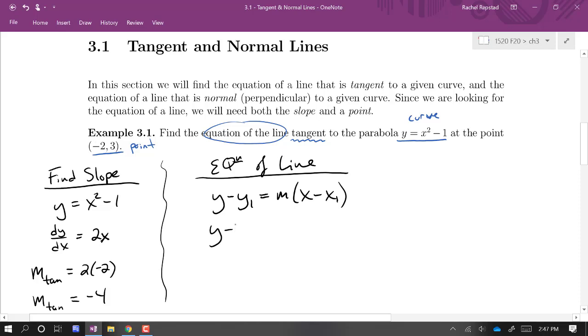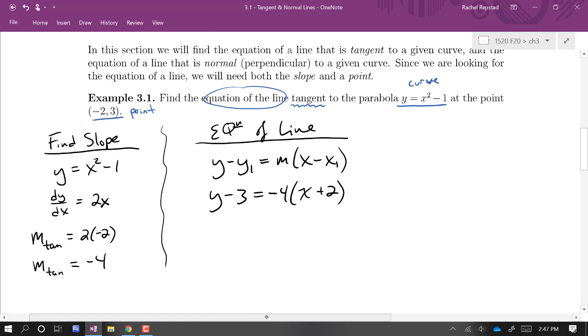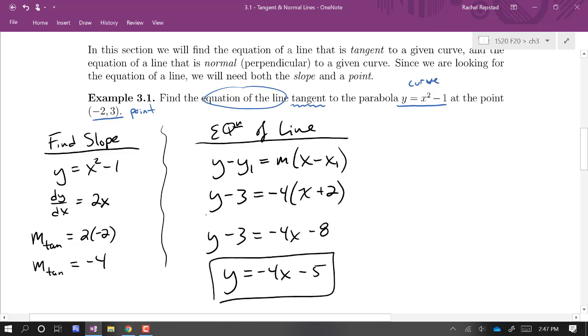So here we have y minus 3 equals, our slope m is negative 4, times x minus a negative 2, well, that's x plus 2. Now, they don't tell us to write it in slope-intercept form or general form, so you could leave it either way. You could leave it in this point-slope form, or a lot of people like to get it in slope-intercept form. So I'm going to distribute the negative 4 and then add 3 to both sides, so we get y equals negative 4x minus 5. So either of these is fine.